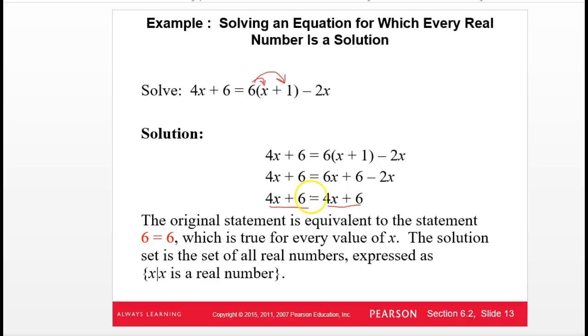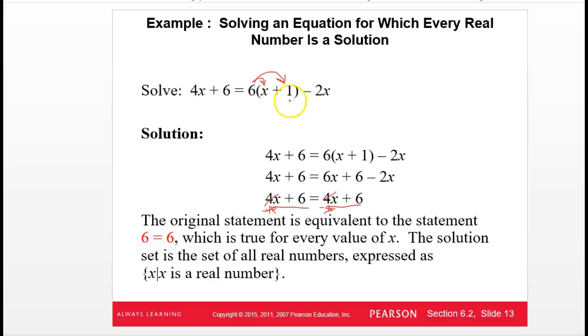So because the left and right are now the exact same thing, anything I plug in for x is going to work. If I were to subtract 4x from both sides, I'm going to lose all my variables, and I'll have the statement 6 equals 6, which is always true. So no matter what I plug into the original equation, it would work.